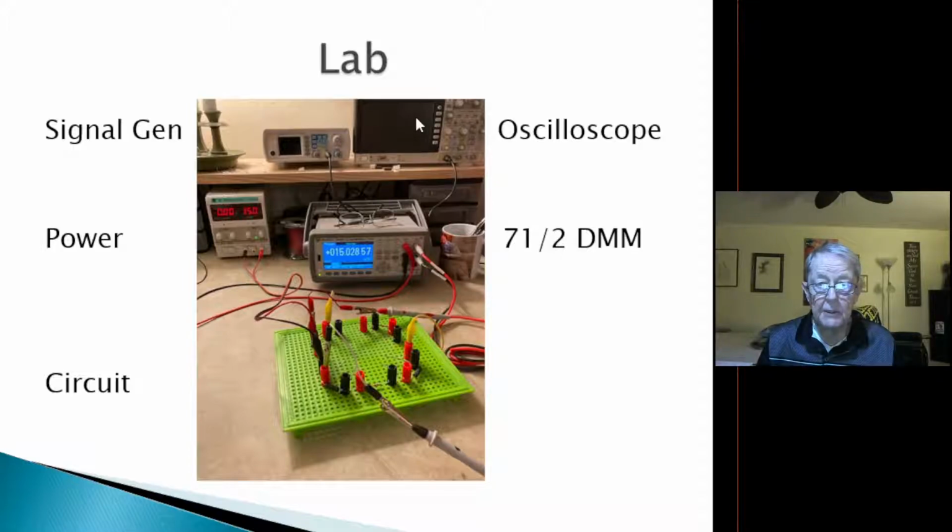I have an oscilloscope, and I'm not using it either, but I am using a power supply, and you notice I actually have it on when I took this picture. 15 volts was one of the settings that I had, but the digital multimeter, a 7.5 digit multimeter, has to be a very accurate meter to do this. You can see there's 15, and those are all the digits.